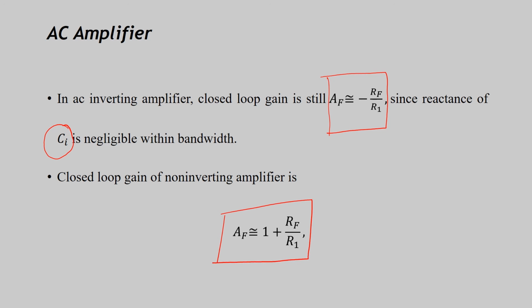So here also the reactance of Ci is negligible within the bandwidth of the amplifier. So now we have seen the applications of DC and AC amplifiers. In the next class, we will be talking of more applications of the op amps.